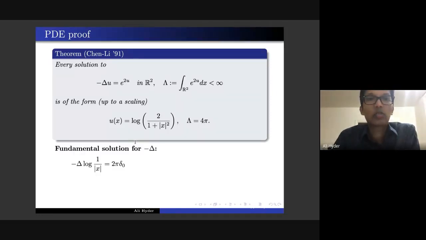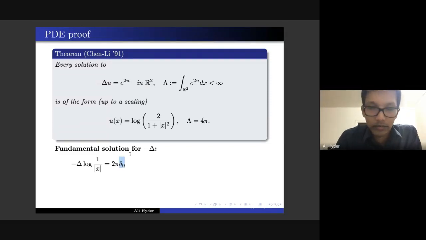Now to do some analysis using PDE methods, it is important to know the fundamental solution. For the Laplacian, log of 1 by mod x is a fundamental solution, that is, minus Laplacian of log 1 by mod x equals 2 pi times delta naught, where delta naught is the Dirac measure at the origin.